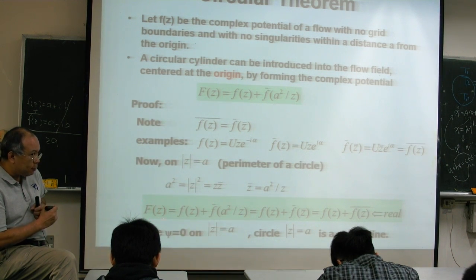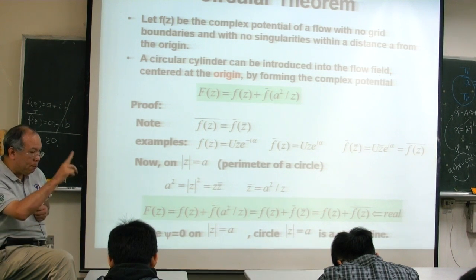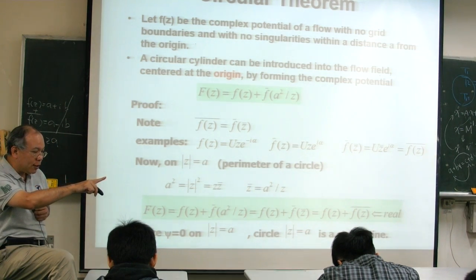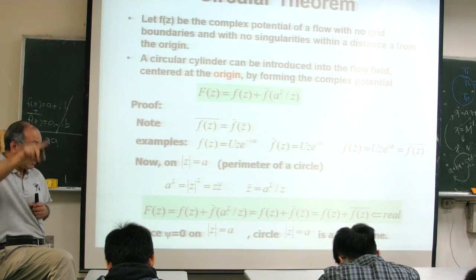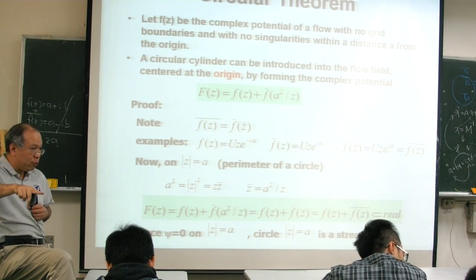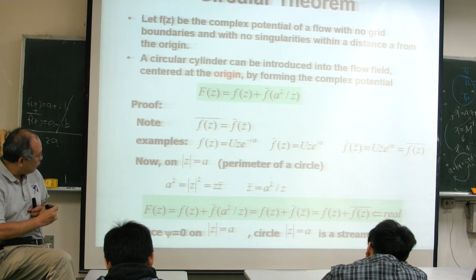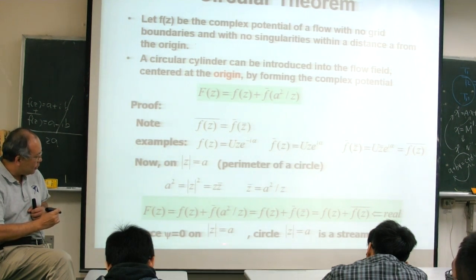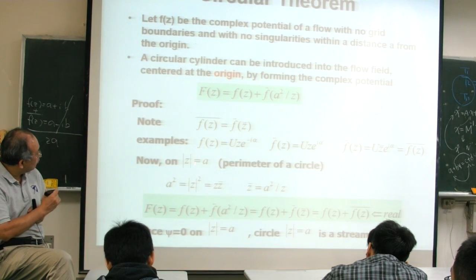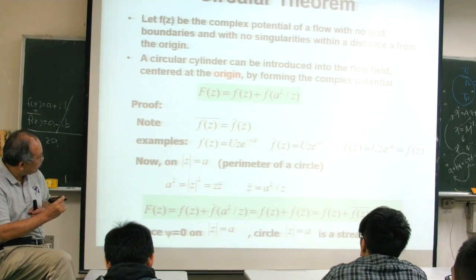And this is the complex potential, right? And the complex potential is composed of what? The real part is the velocity potential plus i psi, right? Psi is the stream function, right? So the stream function for this is equal to 0. On what? On the circular cylinder here. This is our circle.